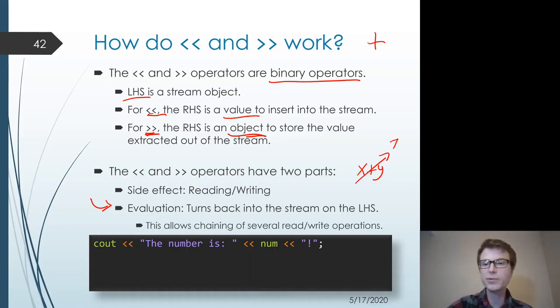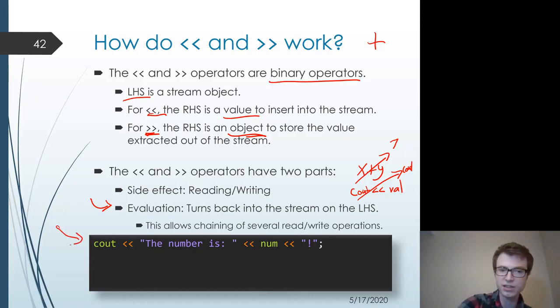But when we evaluate something like cout of some value, then that whole thing is going to evaluate back into cout. And the reason it does that is to allow the chaining of several different operators together. So take a look at this line.